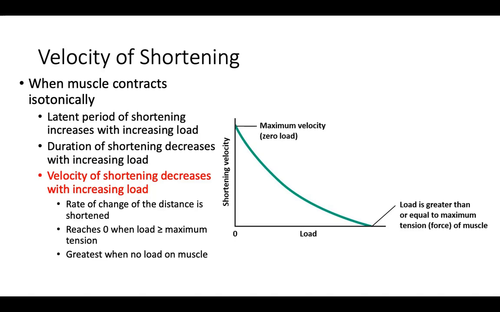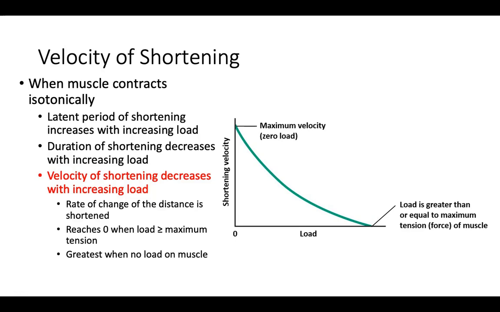All right. So the rate of change, the distance shortened. When the load is greater, we have the lowest velocity of shortening. So on this end of our curve, when the load is the greatest, the velocity is going to be the lowest. The load is heaviest, the velocity is the lowest until the velocity gets to 0.